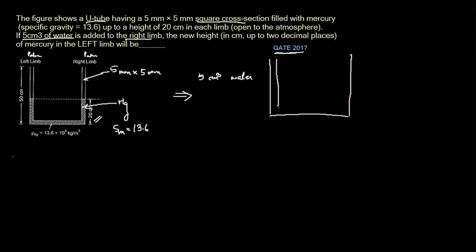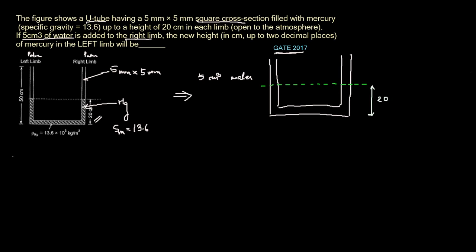Let's mark the initial level of mercury with some other color. So let's consider this is the initial level of mercury, that is, this is 20. This was initially the level of mercury.